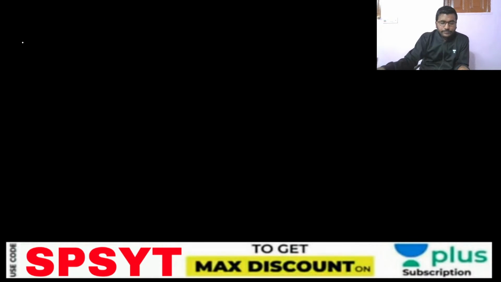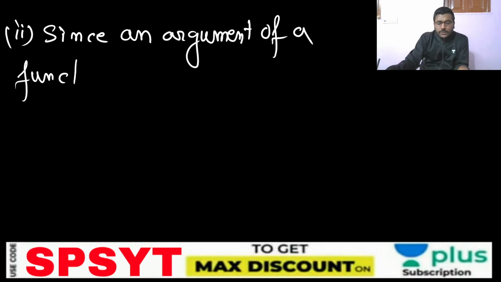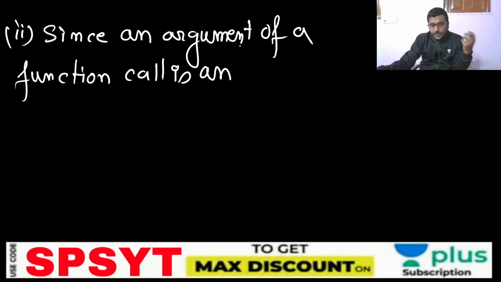Okay. The next point you write: since an argument of a function call is an expression. I have told you the definition of expression. So an argument of a function call is an expression, so you can even do typecasting of that.